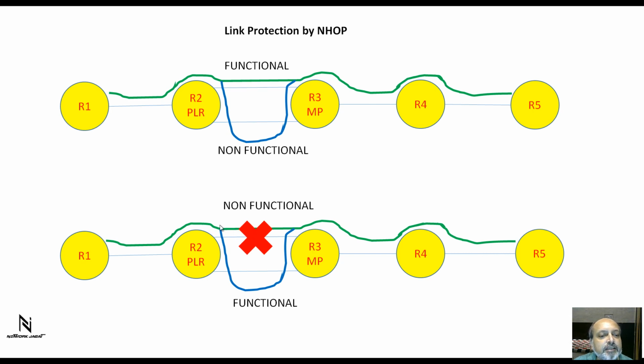For that reason, the entire green MPLS TE path has become non-functional. Within a fraction of a second, this combination of green and blue path comes up, right? And this green and blue path is established by the next link, which is connected to the next hop.